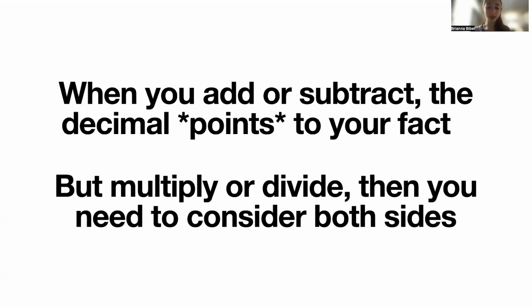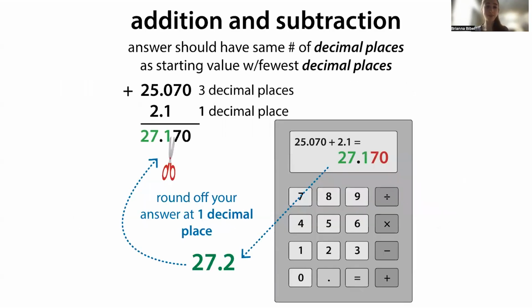And the rules for how we determine the number of significant figures for calculated values depend on whether we're doing addition or subtraction, or multiplication and division. So when you add or subtract, the decimal points are what matter, so your answer should have the same number of decimal places as the starting value with the fewest decimal places.